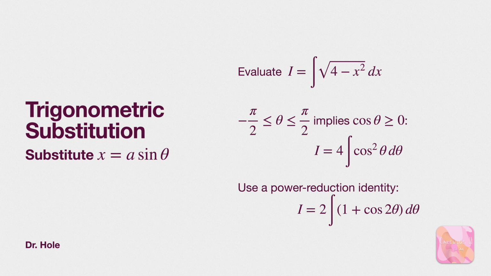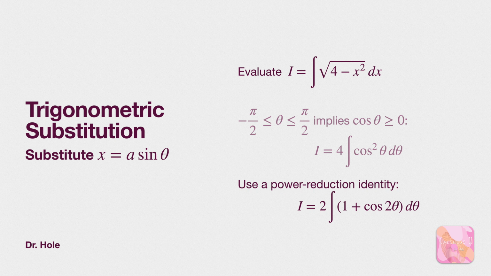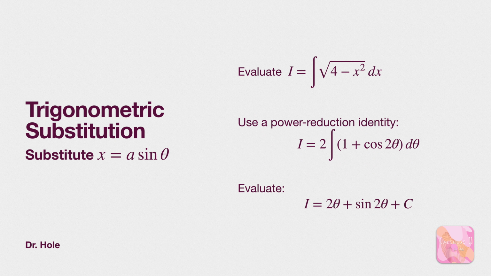And now we have elementary integrals, so that the 1 goes into theta, and cosine of 2 theta goes into 1/2 sine of 2 theta, distribute the 2, and 2 times 1/2 goes to constant 1. Very good. So we have evaluated all integrals.